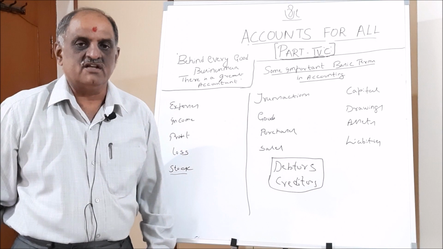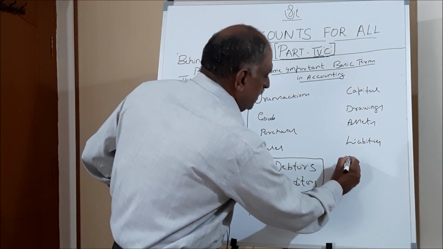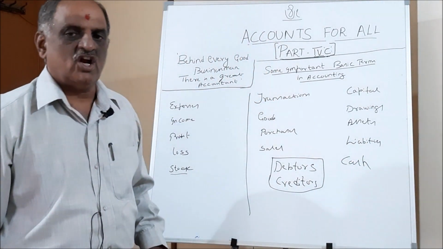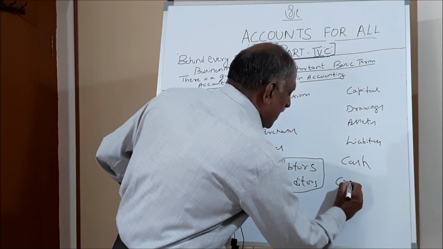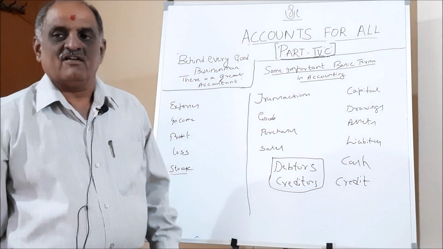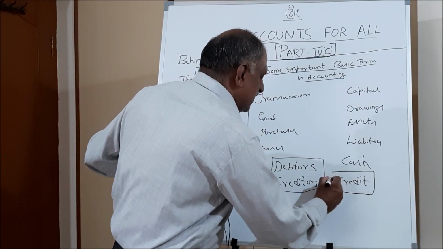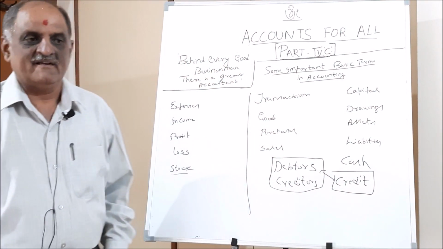To give you the hint that all transactions cannot be made only through cash. Along with cash, you will have to do credit transactions. When you do credit transactions, two terms will appear: debtors and creditors.